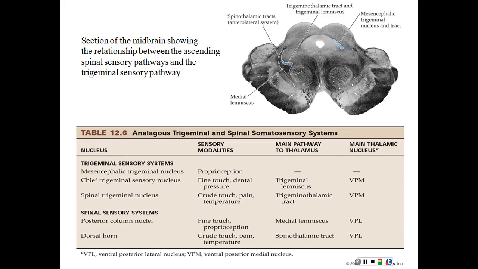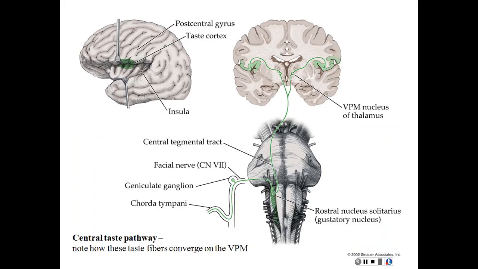And then, last but not least, taste. The only reason why I mention taste is because taste is an interesting sensory modality that has nothing to do with trigeminal, because we know that taste is being carried by the chorda tympani nerve, which links up to facial.